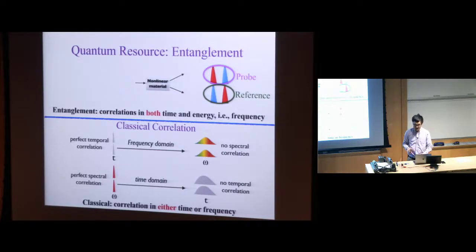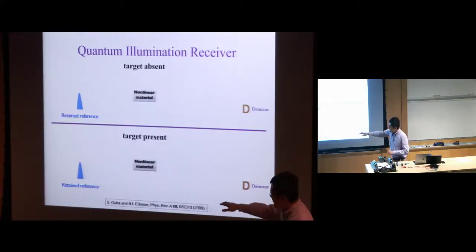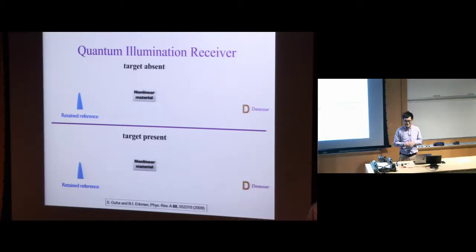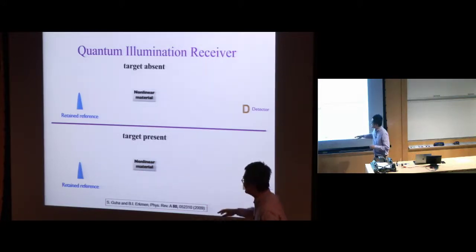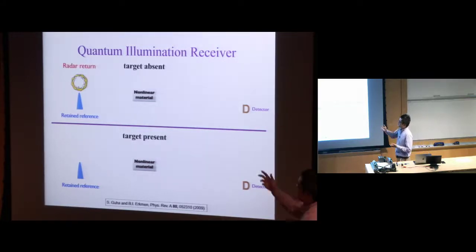Nonetheless, you still need to build a receiver for that. The receiver idea was originally proposed by Saikat Guha and his colleague Brian Erkmen in a theoretical proposal back in 2009. The idea is that you use a second nonlinear process to build this quantum receiver. Let's first look at the target absent case.